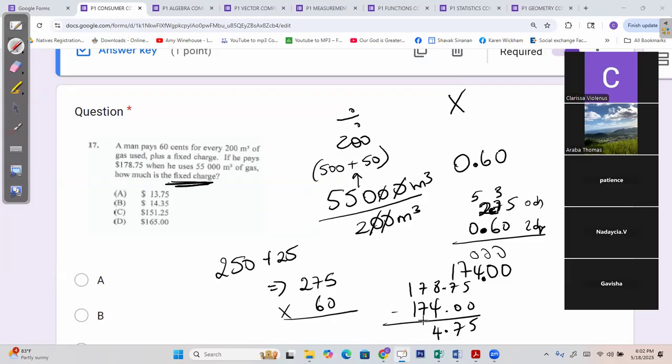Did I multiply something wrong? Check that back for me. The 45, where? 6 times 5 is 30.